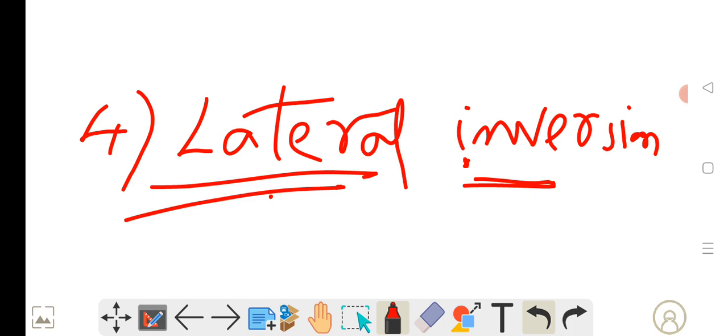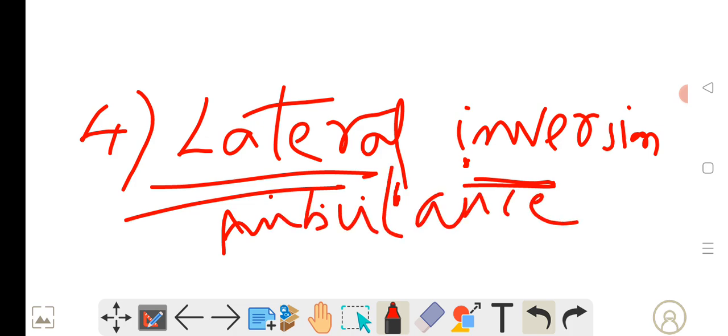And what are the uses of lateral inversion? Ambulance is written on the ambulance with lateral inversion, isn't it? So that in your rear view mirror you can see this ambulance as the normal spelling.